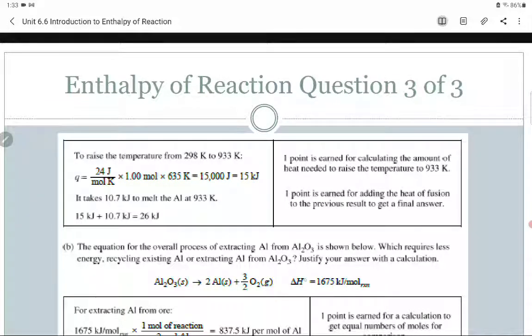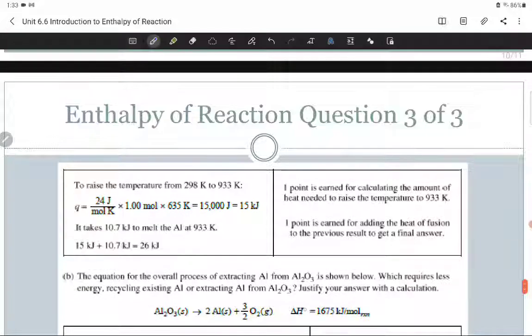We had 1 mole of aluminum. So those canceled. And we had a change in temperature. So this is like a Q equals CM delta T. Similar, except we don't have grams there, we had moles. So the Kelvins cancel. We're left with the joules, but let's get it into kilojoules.